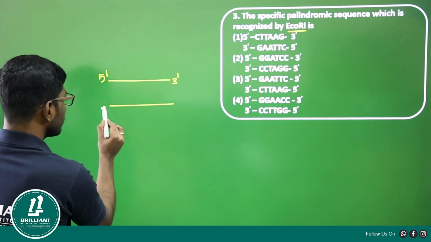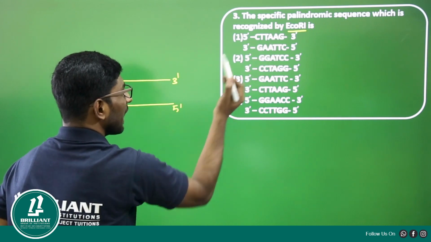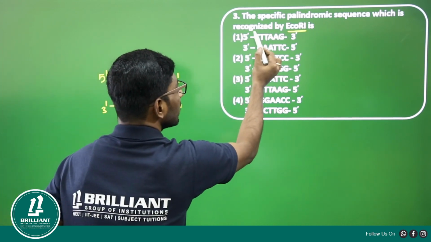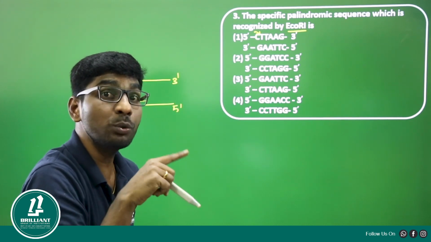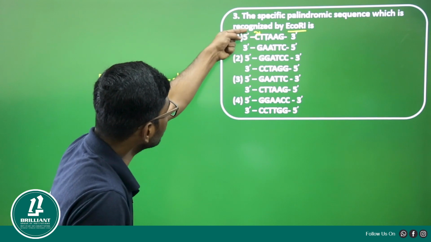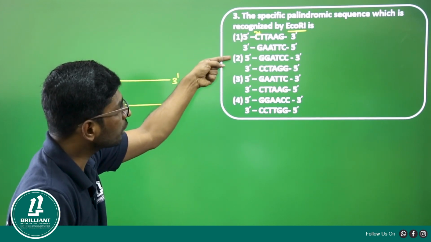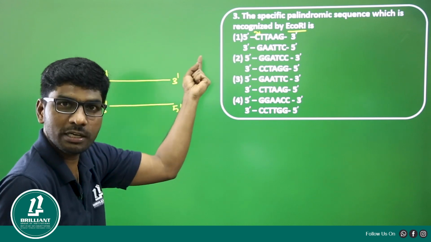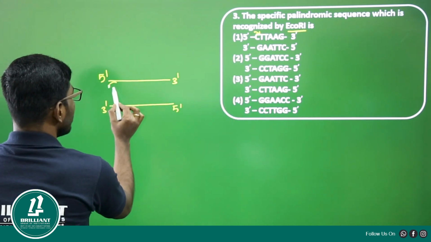This is the 3' and this is the 5'. If you take CTTAAG, does EcoR1 work exactly at this place? No. G to A it will work. G to A it will cleave. So where is the G to A? Option 1, no G to A. Option 2, GG, it's not correct. Option 3, GA. You click it here.